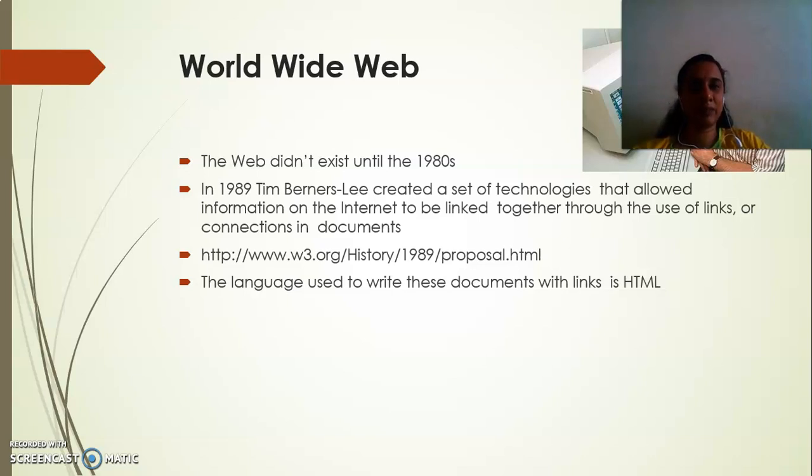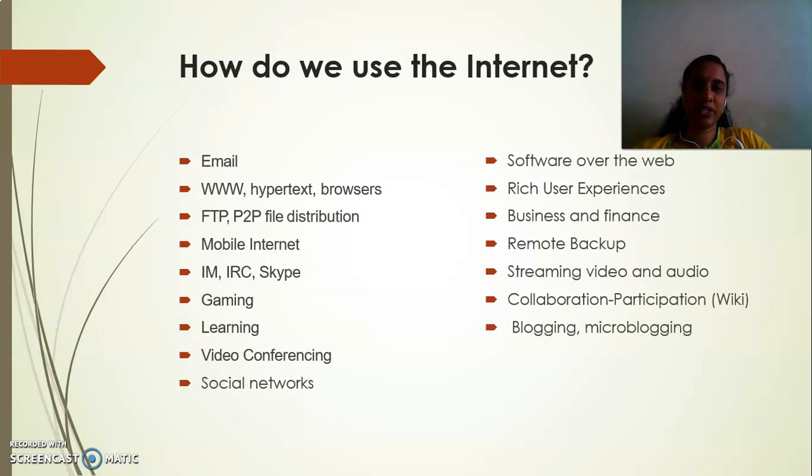These standards are under the control of w3.org. In the 1980s the web didn't exist, and slowly in 89 they started with one proposal on w3.org with one set of guidelines on how these URLs can be populated with huge content. The language used to write this content is HTML.